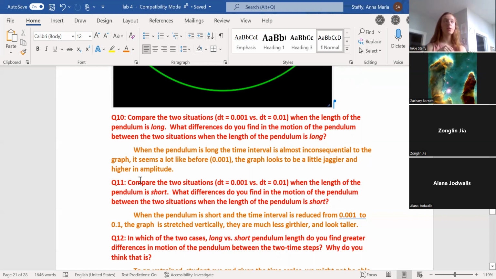In the motion that we observe with a shorter pendulum, we might see more drastic motion, whereas with a longer pendulum, you have more time because it's slower, so you can take enough measurements with a shorter time step that the motion won't be affected as much in the perceived sense. Yes.